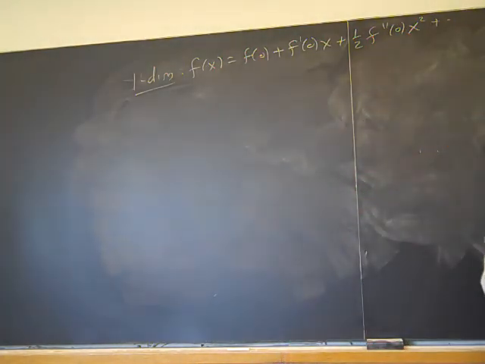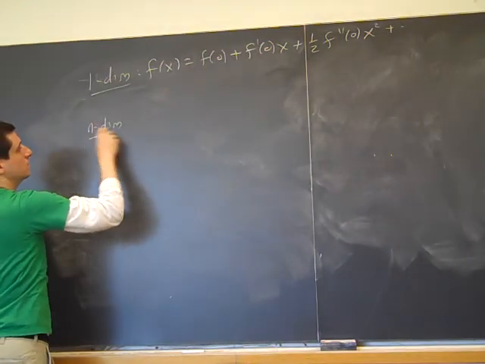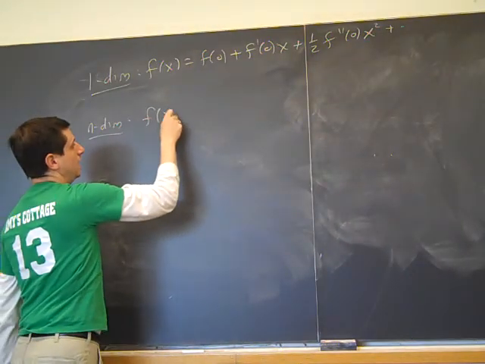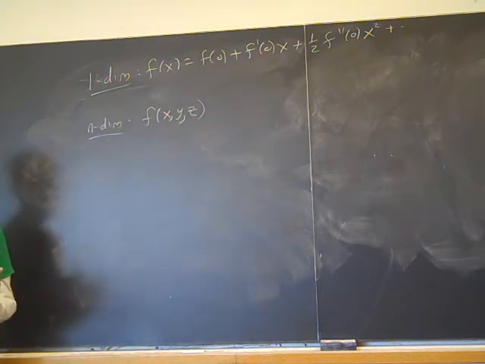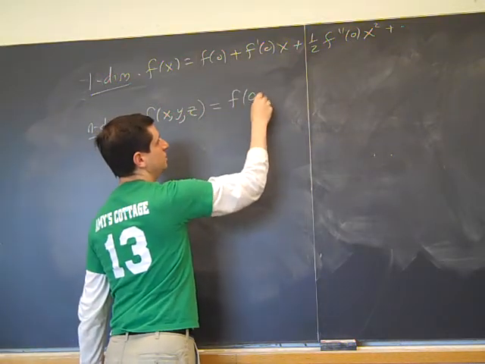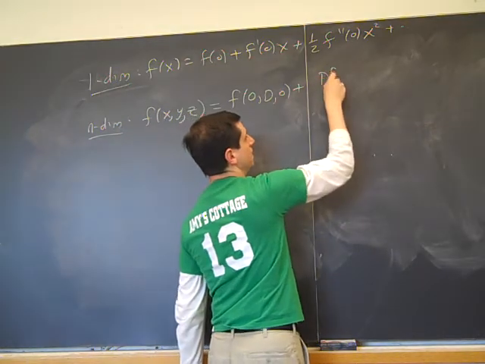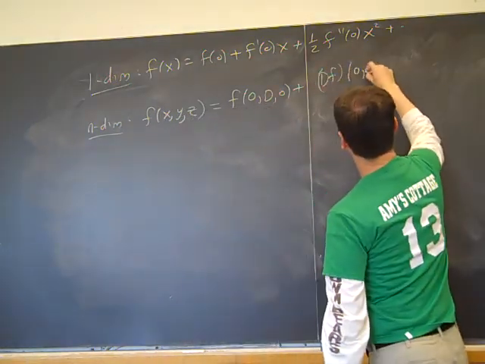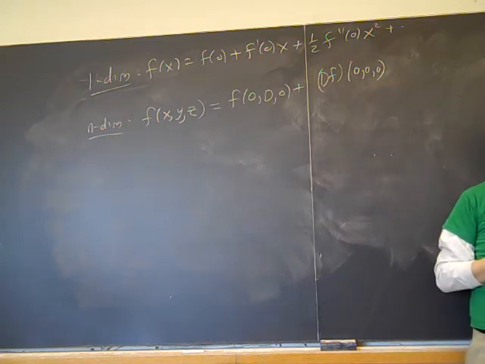The gradient. So if I have n dimensions, I think I have maybe f of x, y. I'll just do 3 variables just for simplicity. f of 0, 0, 0, plus the gradient of f at 0, 0, 0. Uh-oh.